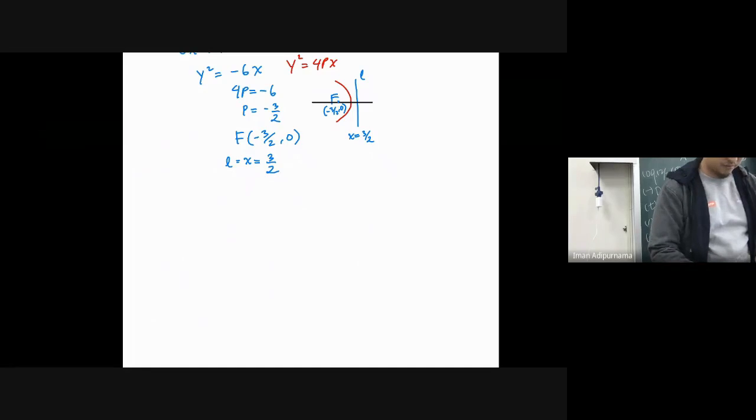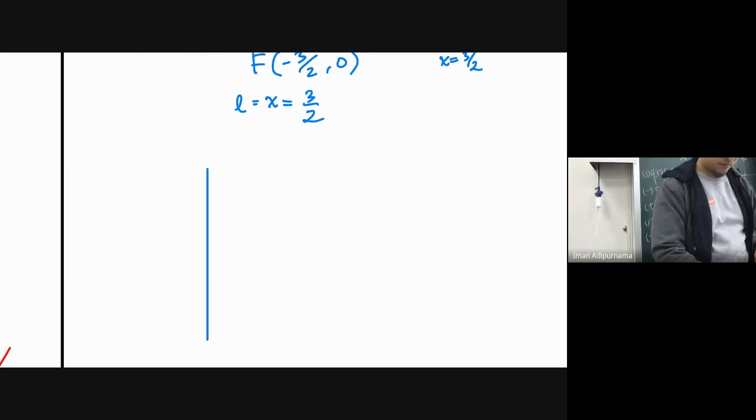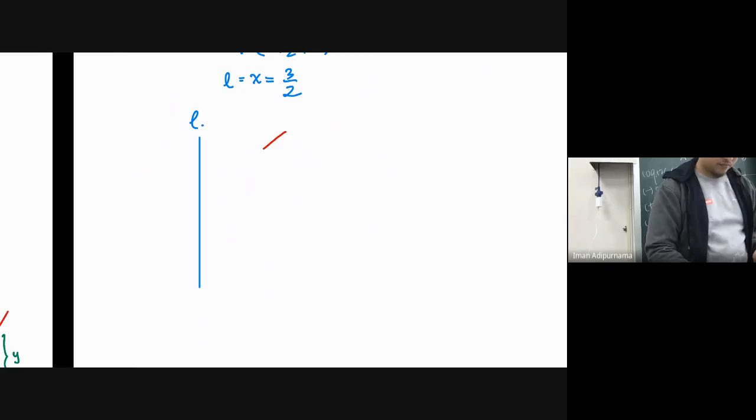Let me use the blue. Let's say this is L. Let's say this is the parabola.